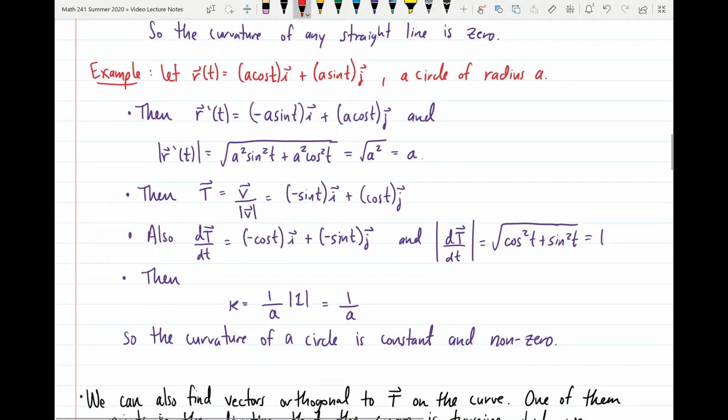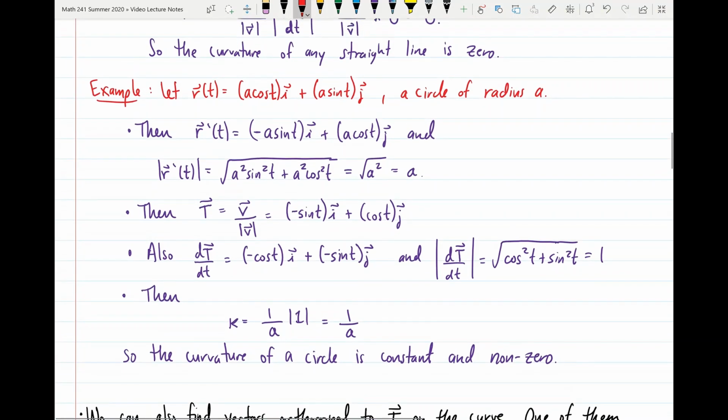And now for a second example, let's look at the general equation for a circle. So we let r of t equal a times cosine of t i plus a times sine of t j. So this is the equation for a circle of radius a. Although I guess it is centered at the origin, so maybe it's not as general as it could be.